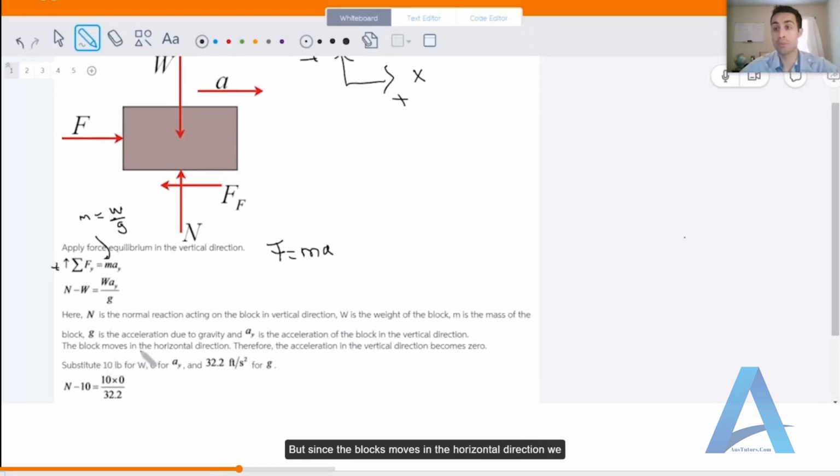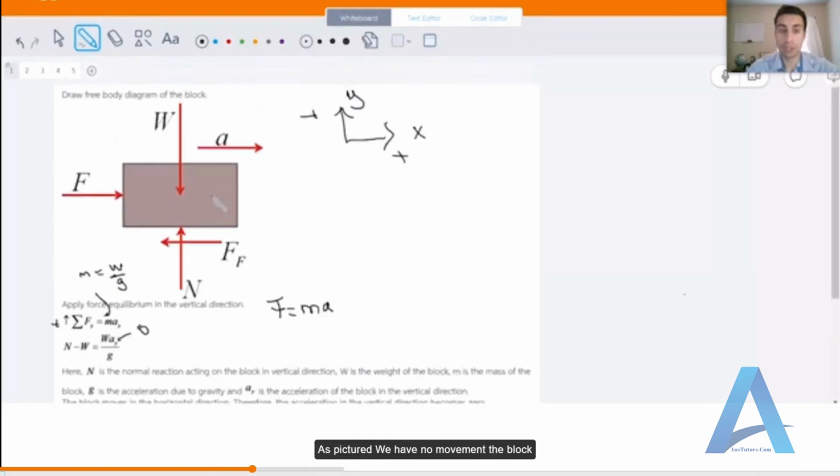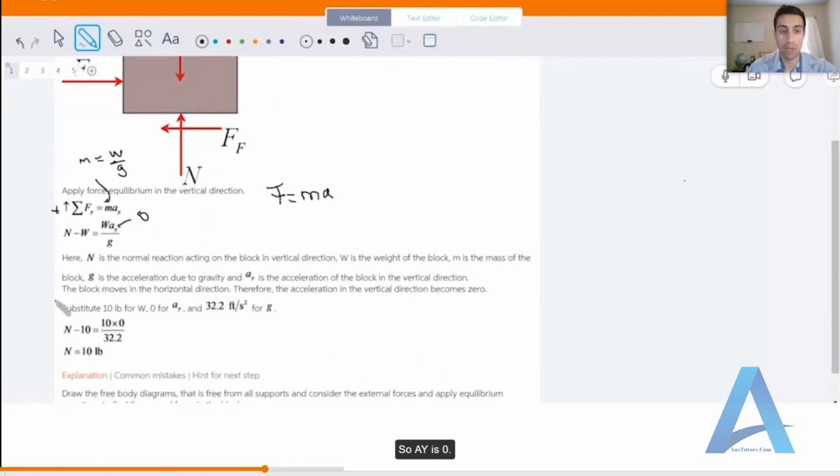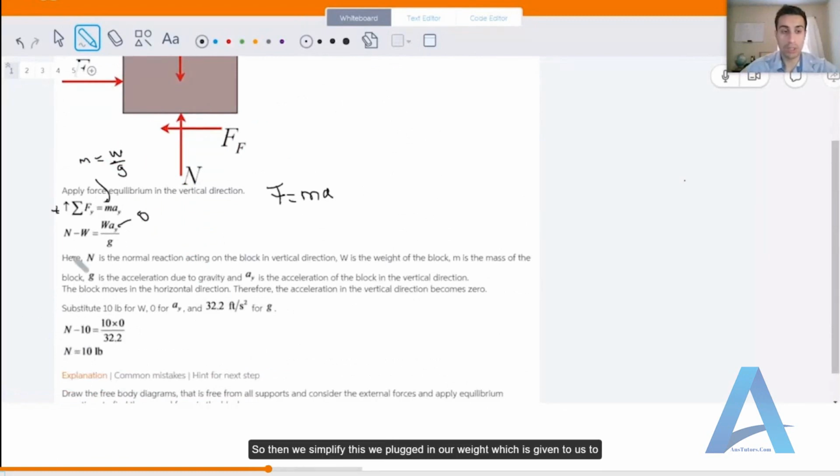But since the block moves in the horizontal direction, we have no acceleration in the vertical direction. So a_y will become 0. As pictured, we have no movement. The block only moves in the horizontal, so it doesn't fly up. So a_y is 0. Then we simplify this.